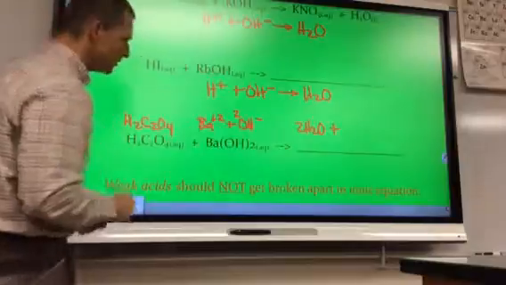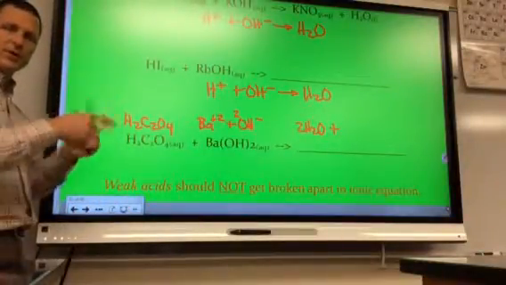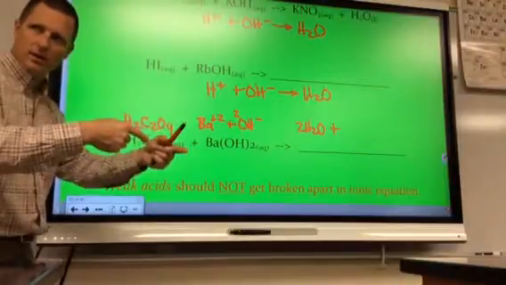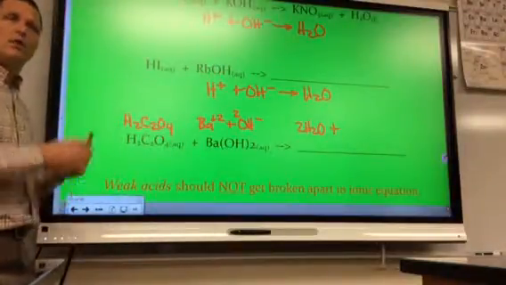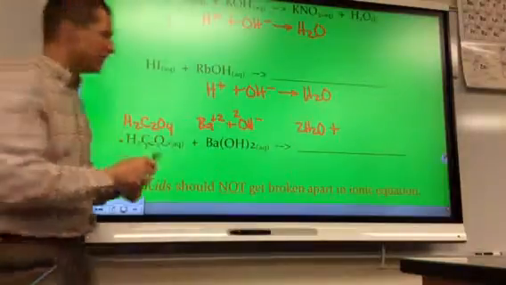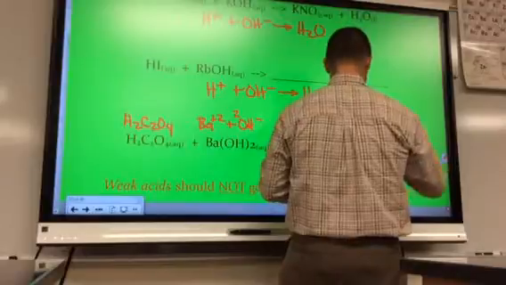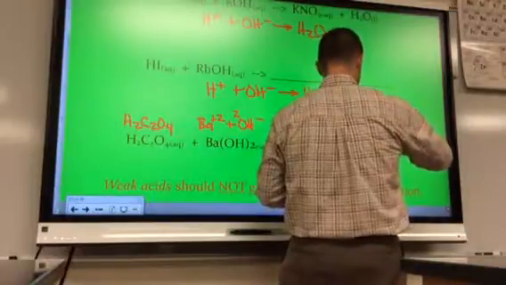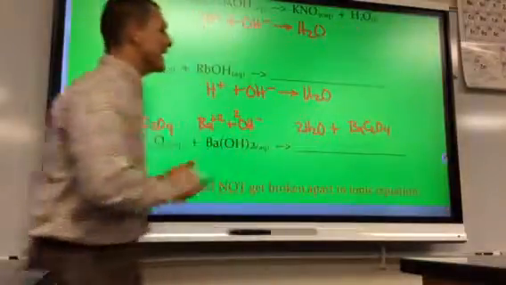And what's the other product? Remember, acid plus base yields what plus what? Salt plus water. What's our salt in this problem? Right, the barium with the oxalate ion, BaC2O4. Okay, the net ionic equation.